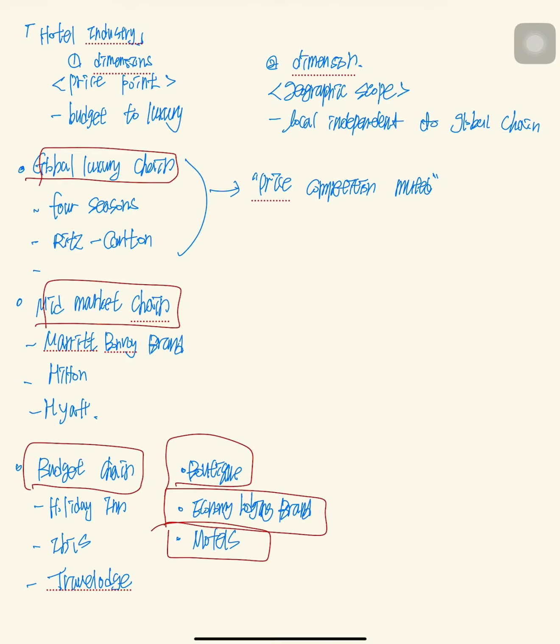The budget chains compete primarily on price and consistency. The traveler wants to know exactly what they are getting, at a predictable and low cost, right?